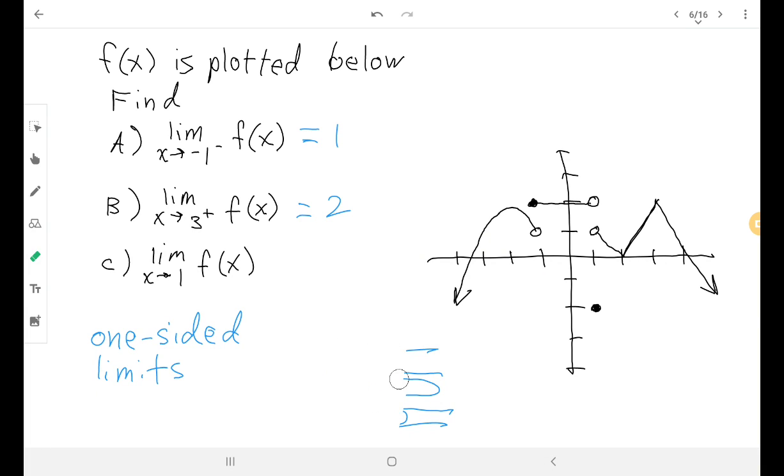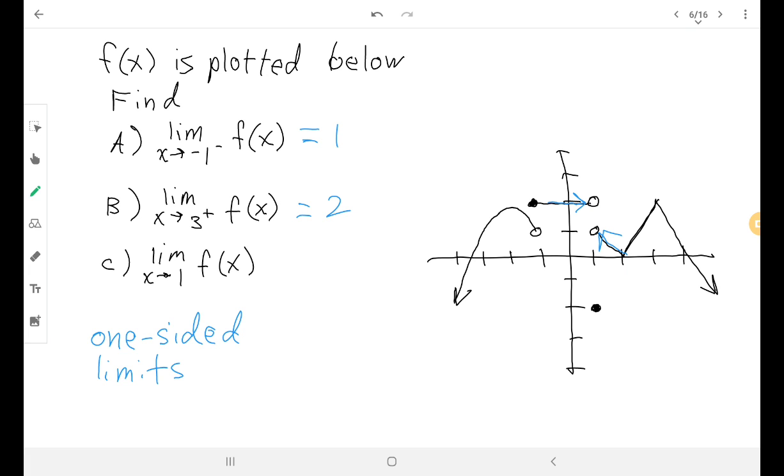So then the question becomes, does the limit exist? One-sided limits always exist, but this is a limit, not a one-sided limit. So do we approach the same y value from the left and the right? Well, from the left, we approach that one. From the right, we approach that one.